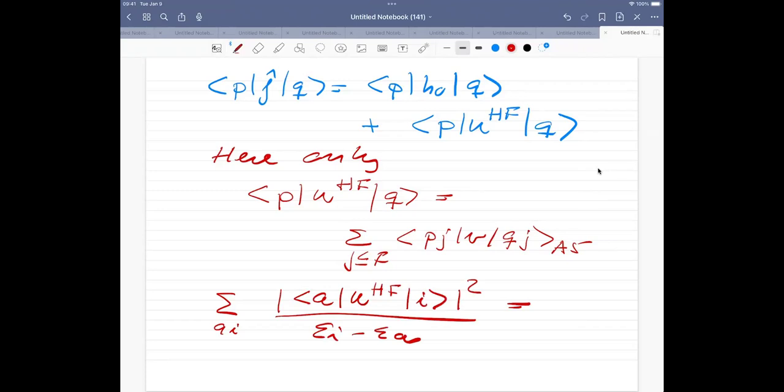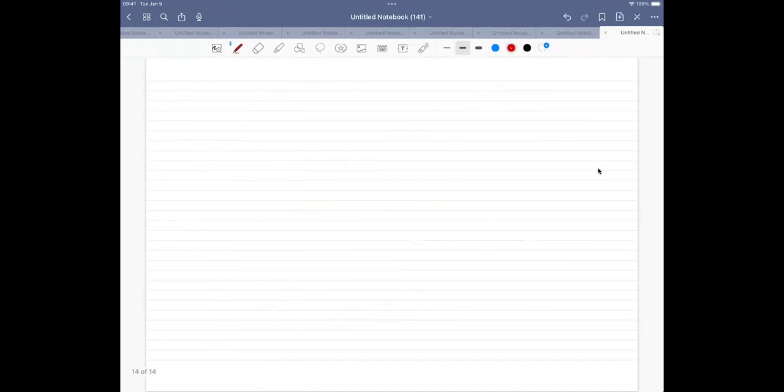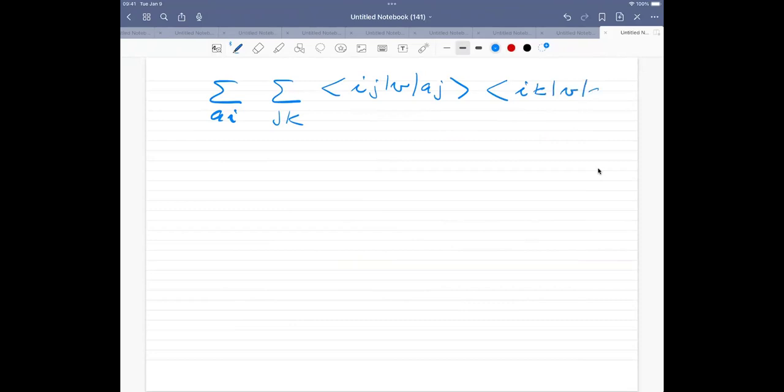So if we look at this expression here, what we end up with is the following. We have a sum over A and I, but then we're also going to get a sum over J and K. So we are going to have an I J, V, A J, multiplied with an I K, V, A K, because we're just opening up, and each one of them contains a sum over the single particle states.